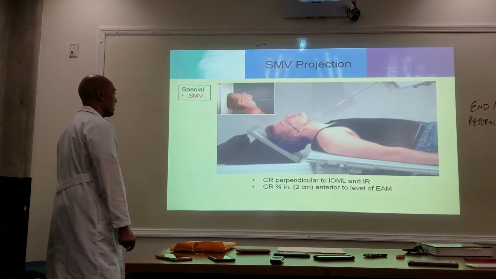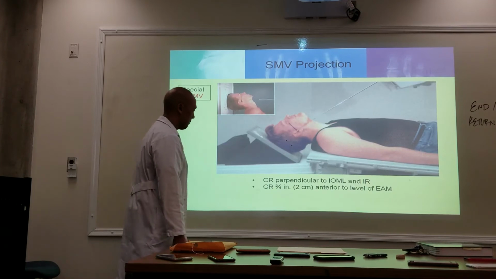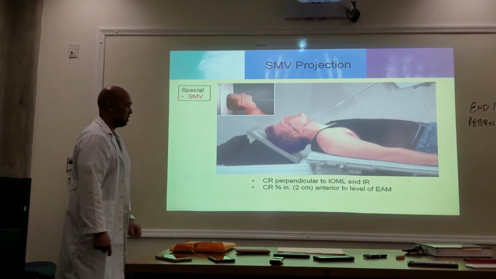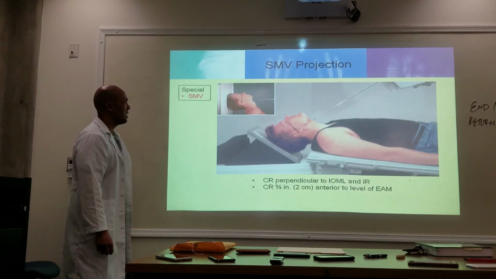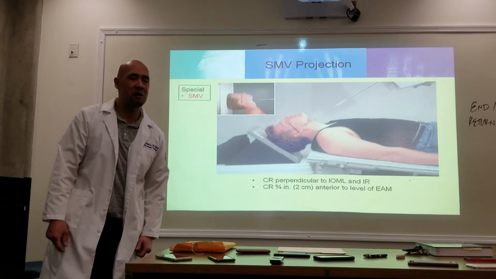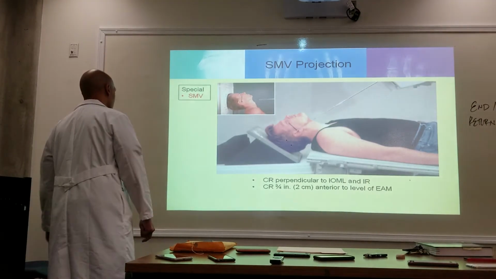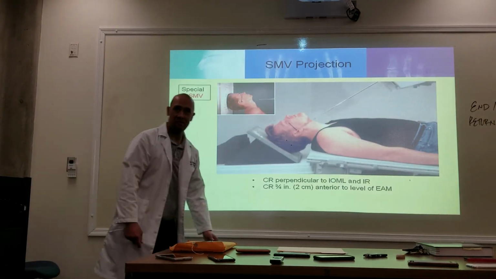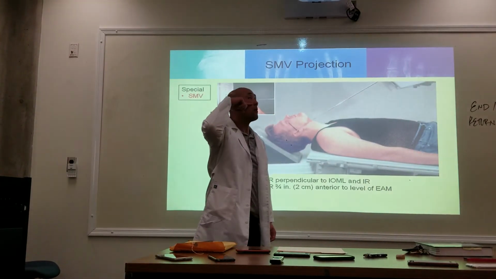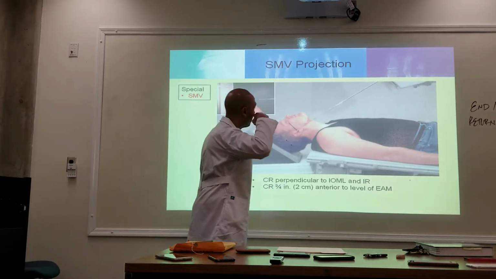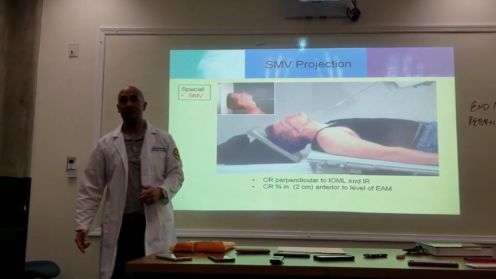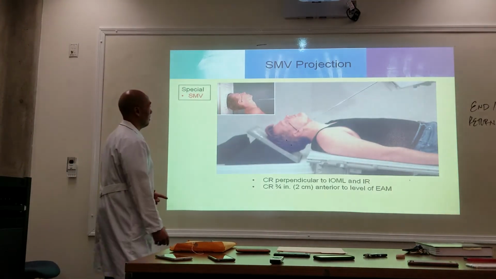All right, so simply what we're doing here is, which imaginary line are we going to use? IOML. What's another name for IOML? Infraorbital. It's called the Reid's baseline. The infraorbital is right here at the bottom, and we're going to make it parallel with the image receptor.